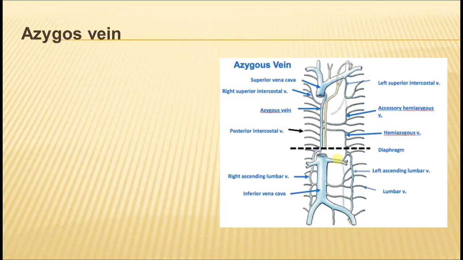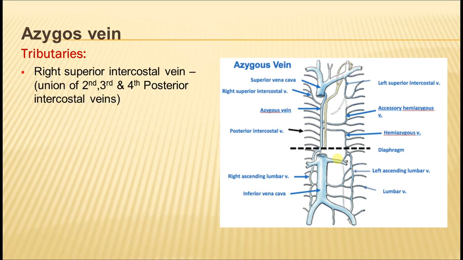Now coming to the most important part, the tributaries of the azygos vein. Mainly it receives the posterior intercostal veins. The first vein actually does not drain into the azygos vein. It drains directly into the brachiocephalic vein. The second, third and fourth posterior intercostal veins unite to form a single superior intercostal vein.